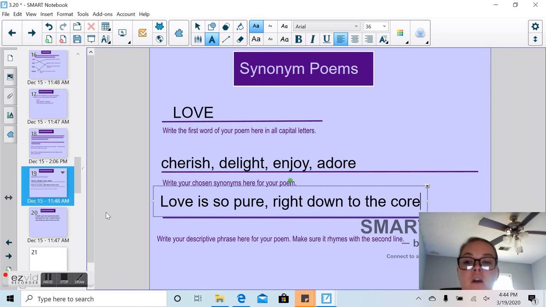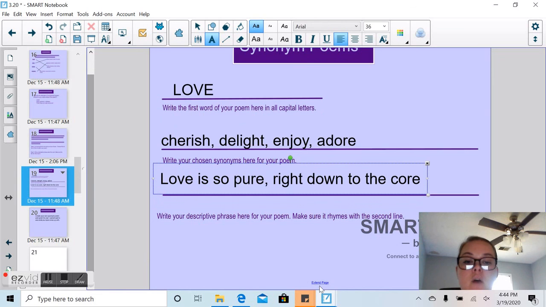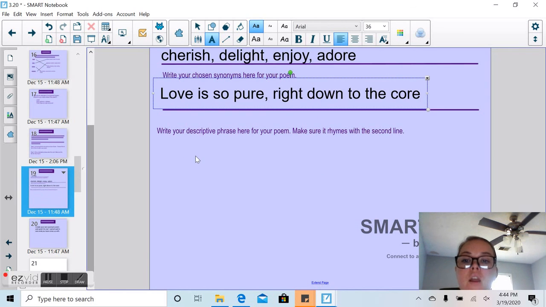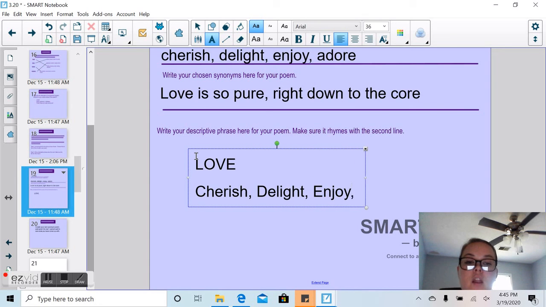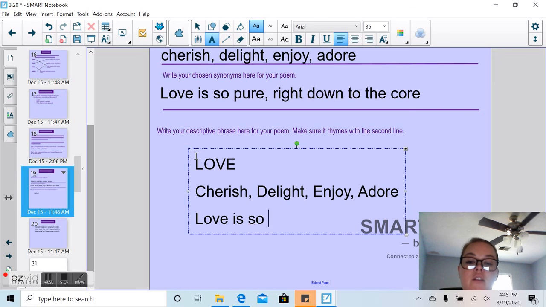So if I were going to write this poem, I would say, love, cherish, delight, enjoy, adore. Love is so pure, right down to the core.